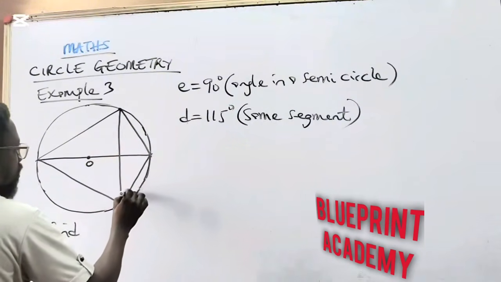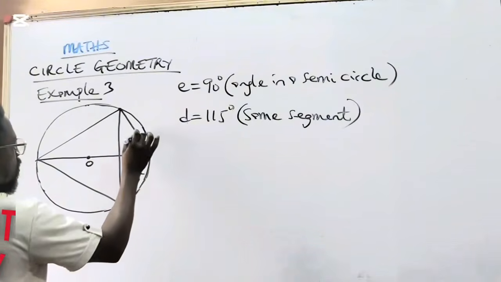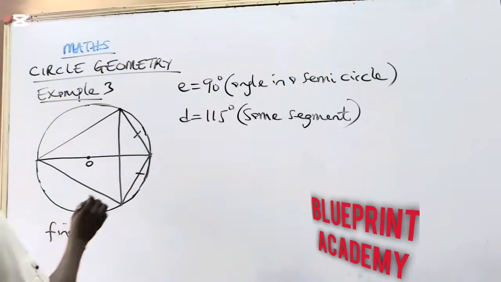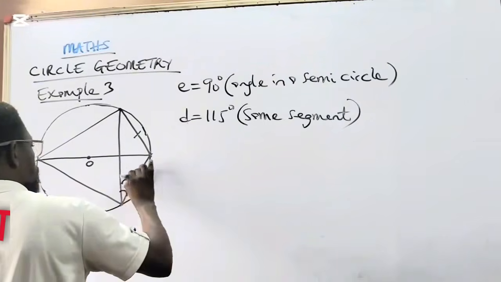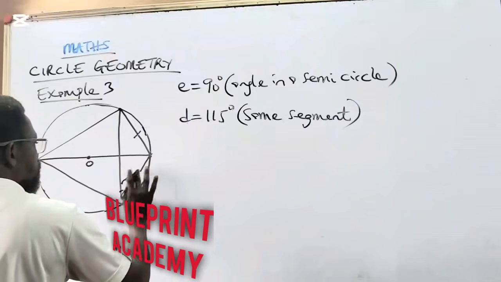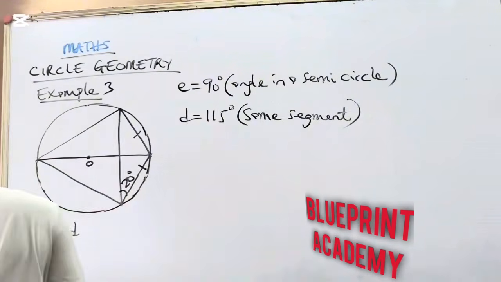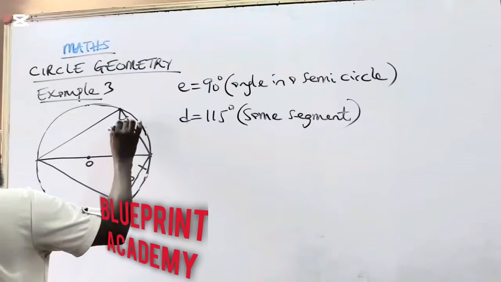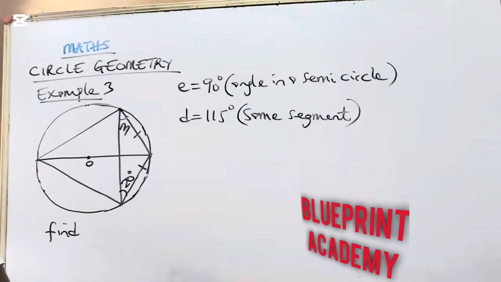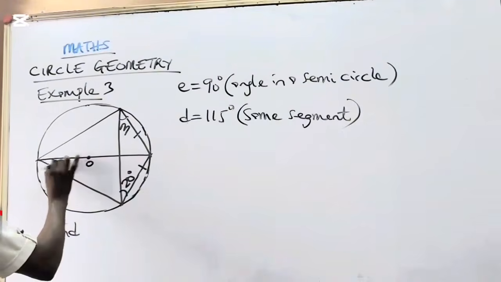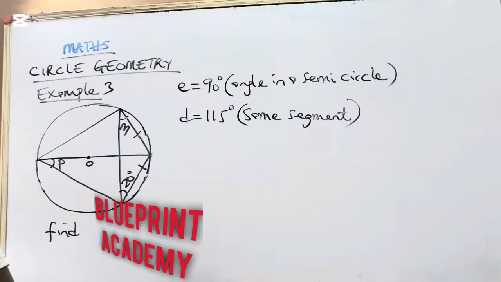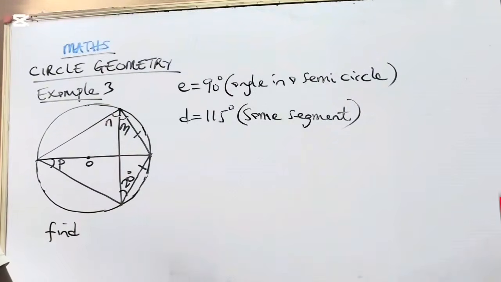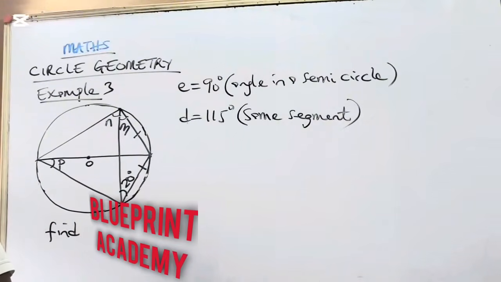We have a line from here. 20 degrees. Now our area is P. Now we have N. NMP. Okay.